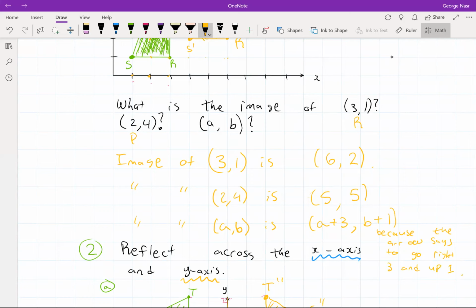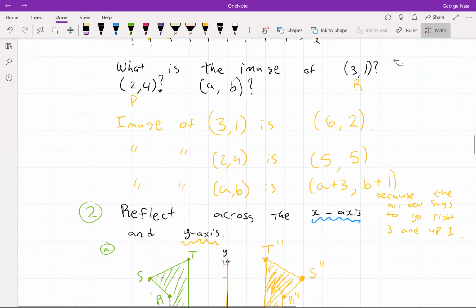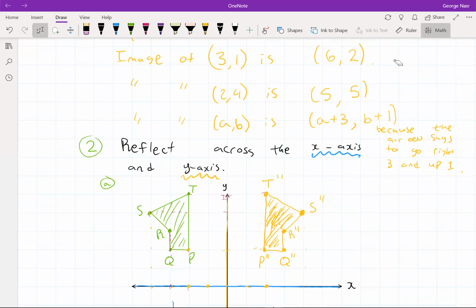There are some problems on the homework where you're expected to give an explanation. On some of these problems you'll be asked what happens to AB and explain your answer. I just want you to say something like this, to make it clear that I'm going right 3, so I have to change the x values by 3, and then I'm going up 1, so I have to change the y values by 1. Okay, cool.